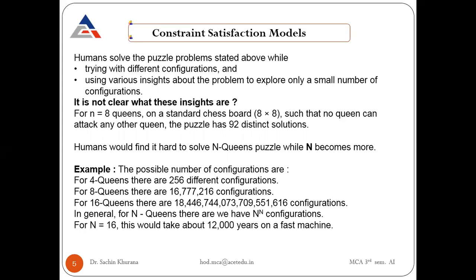So as a human being, you keep a queen on a particular location, see whether it is being attacked by the already existing queens, and then keep going, placing the queens one by one, so that all 8 queens are placed at locations where no queen attacks any other queen.